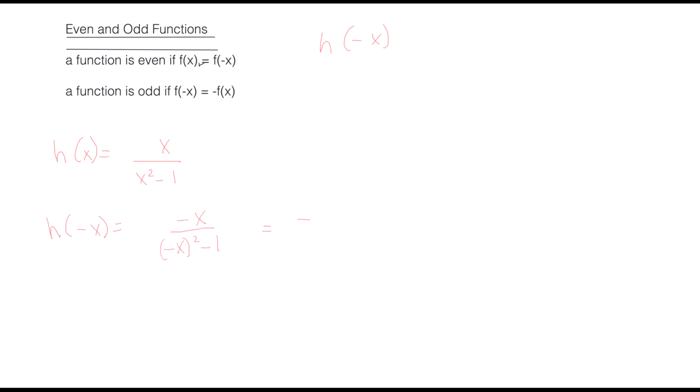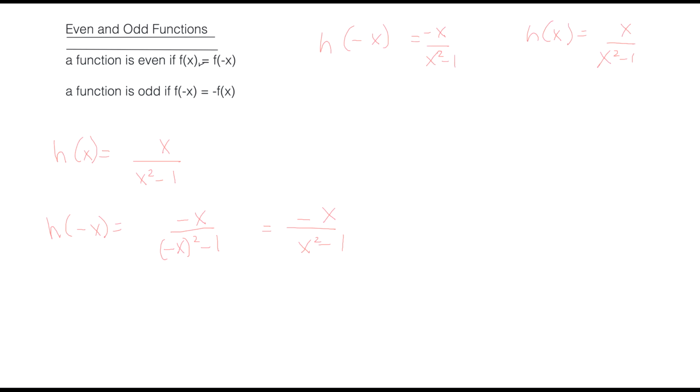I have minus x over still x squared minus 1. My regular one I started with, which h of x is this. So it's not even because they're not the same exact thing. This one has a minus, and this one does not.